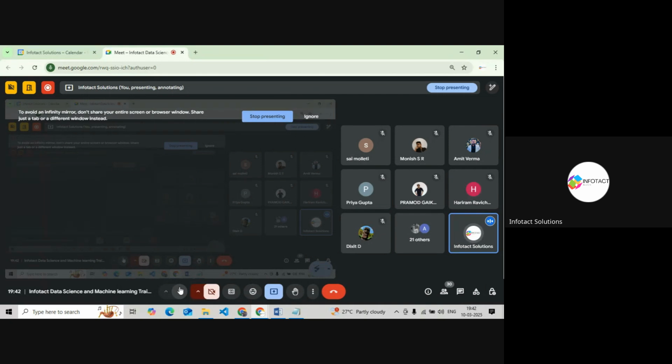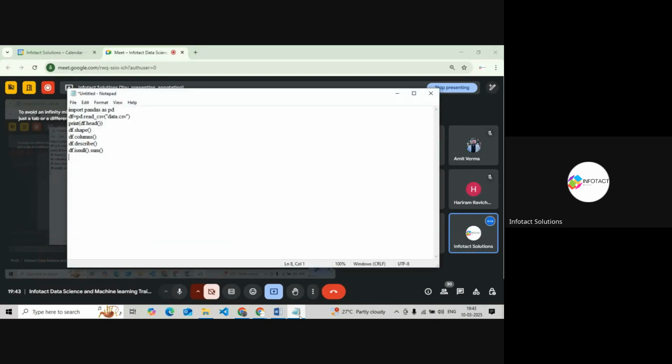So if we find any missing values in the data set, we may use mean, median, mode imputation methods: fillna with df.mean, inplace=True, or we may drop the missing values. How to drop the missing values? Suppose you want to fill, you can use fillna, then df.mean, then inplace=True.